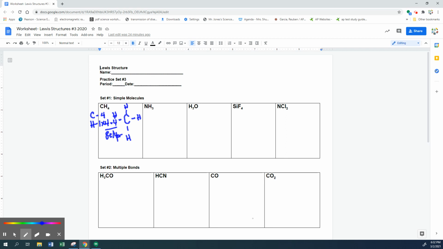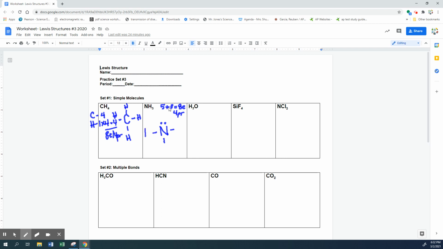Second one is NH3. So nitrogen has 5 plus our 3 from hydrogen. So that's 8 electrons or 4 pairs. Odd man in the middle, so nitrogen in the middle. It gets 1 set of unshared and then 3 bonds around it.